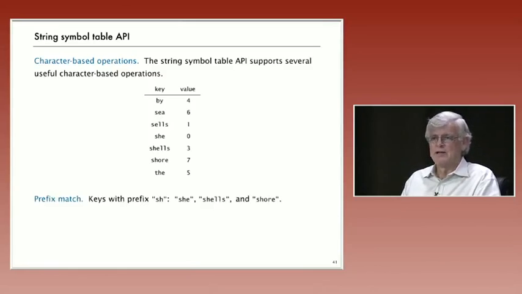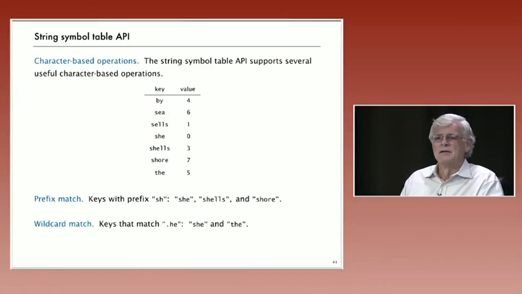One important one is prefix match. So that's given a prefix like, say, sh, what we want is the method to return all the keys that start with that prefix. In this case, it would be shells, shore, and she.